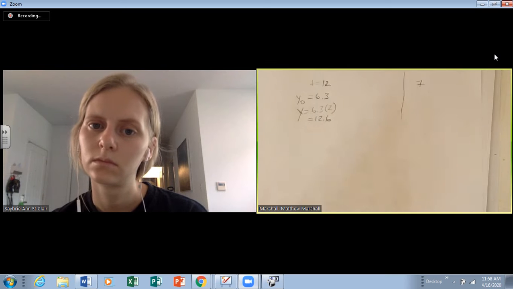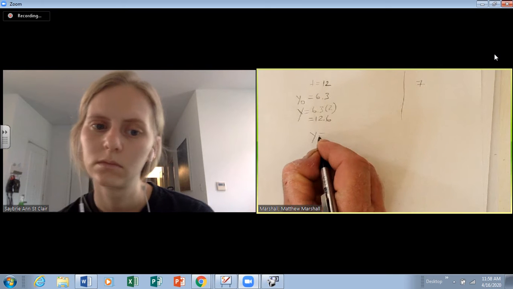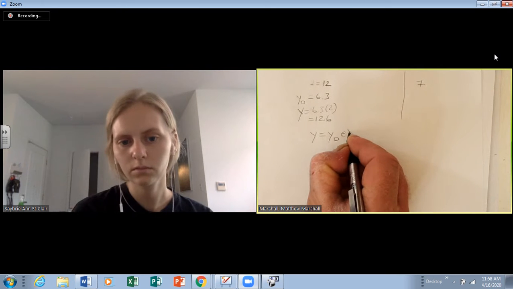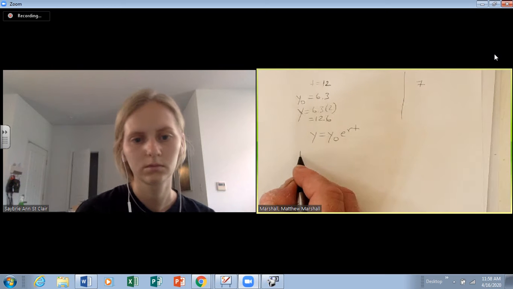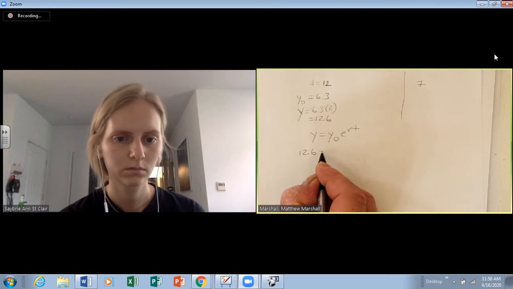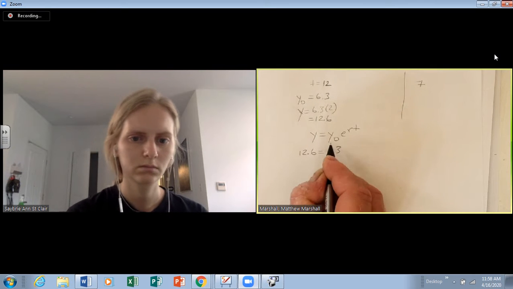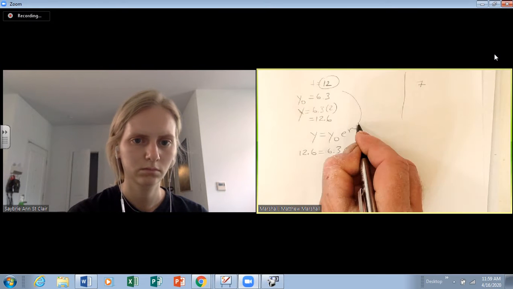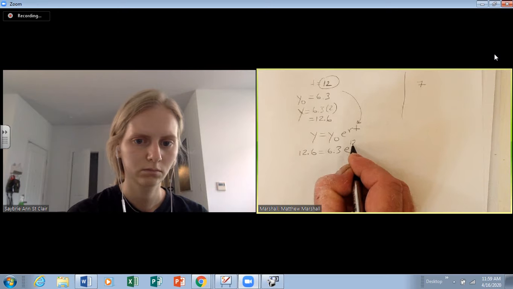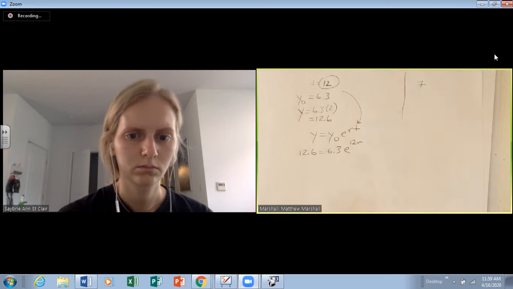So I'm going to write, going back to this equation we've been using, 12.6 goes here. 6.3, the initial goes for y to the 0. I'm using 12 minutes, so I put that right here for t, and that gives me 12r.